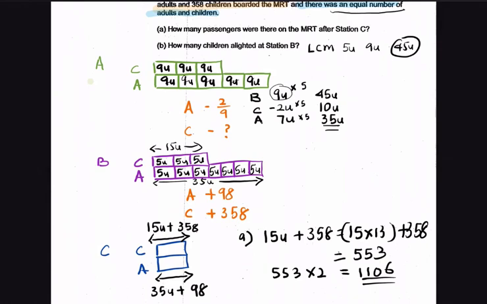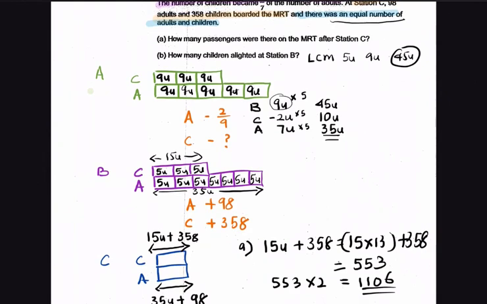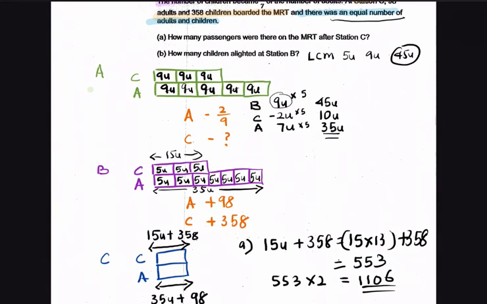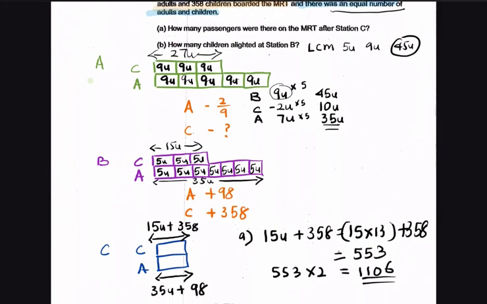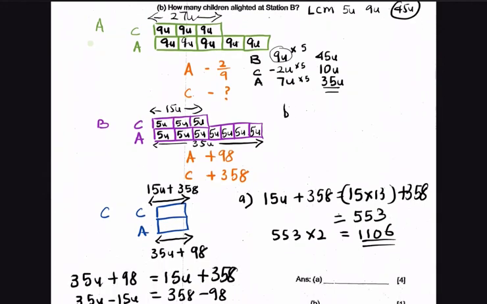Now for part B, how many children alighted at Station B? Now to find the difference, okay, let's look at before. So at Station A, if you look at Station A, they are all together 27 units, correct? So let me do part B here. Station A, there's 27 units, and at Station B, there's 15 units.